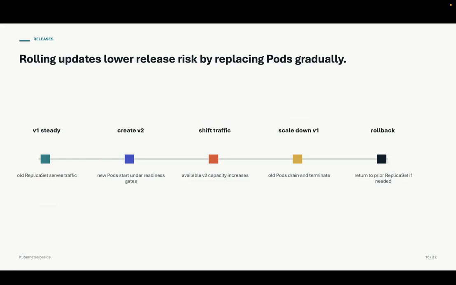During the rolling update, Kubernetes creates new pods of the new version first and waits for them to be ready. Then it shifts the traffic, and then it scales down the old version so that the interruption is minimal and the customer impact will be minimal.